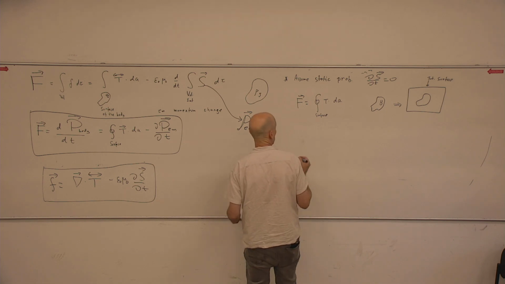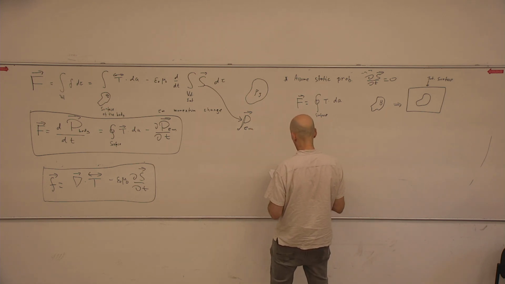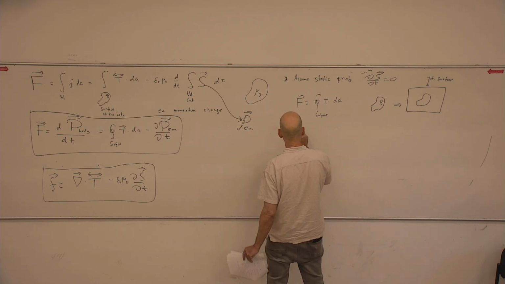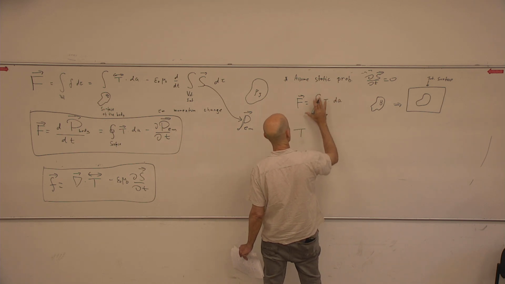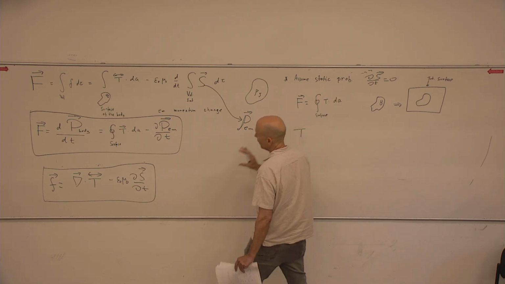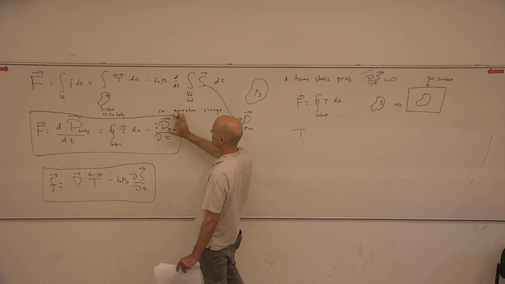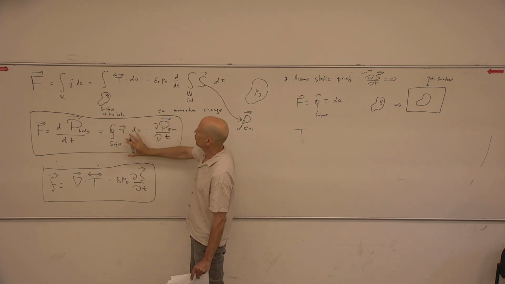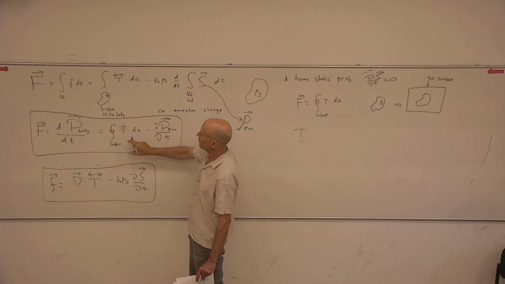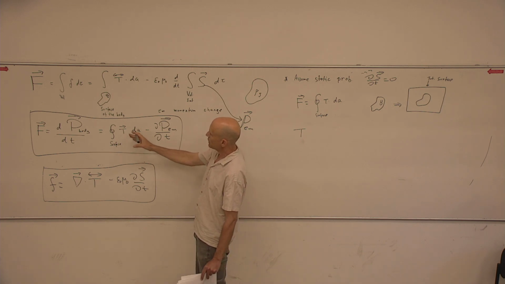So let us just try and explain what T is. What is the physical meaning? And you can see this meaning from this equation. You remember here I integrated over S and I said it's changing in time, it's like momentum. But now what am I saying? What is this T? I'm starting from the surface.